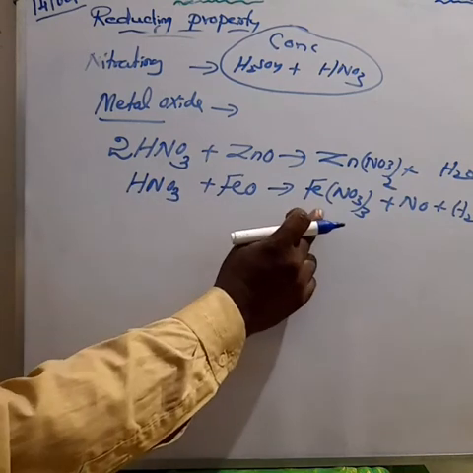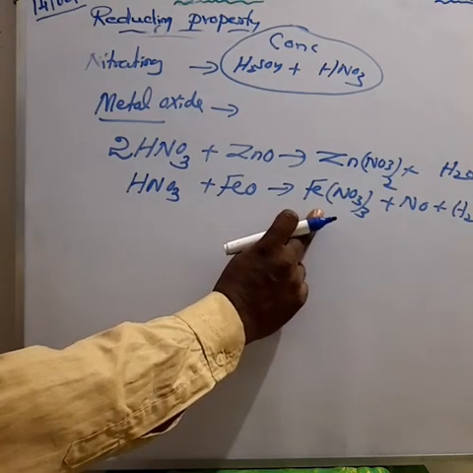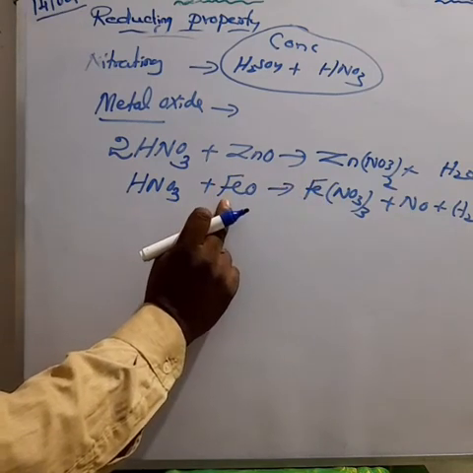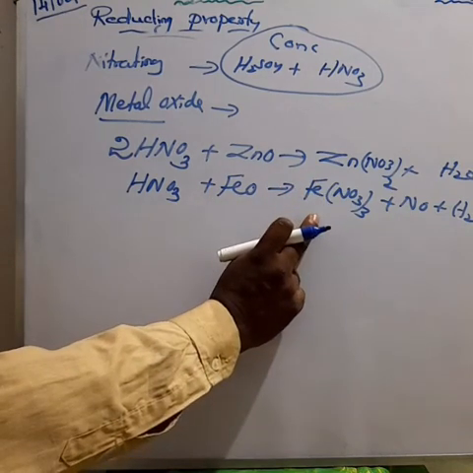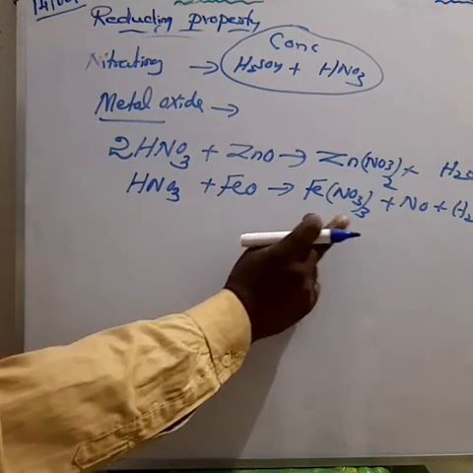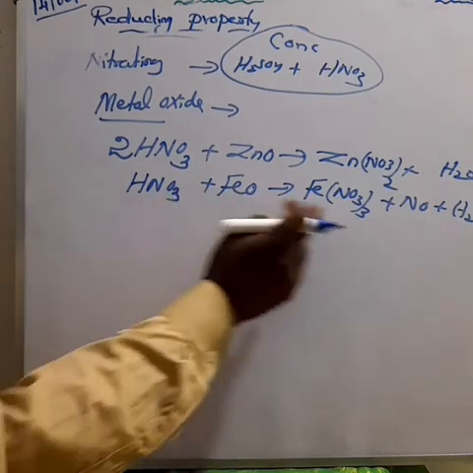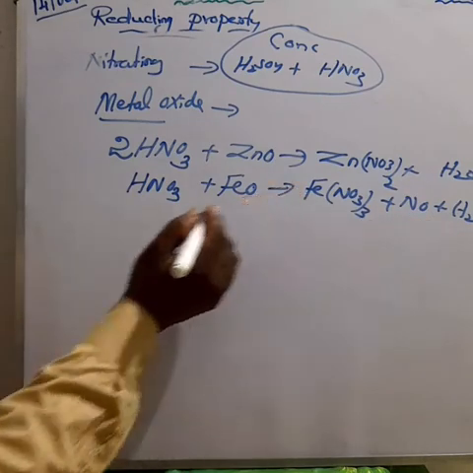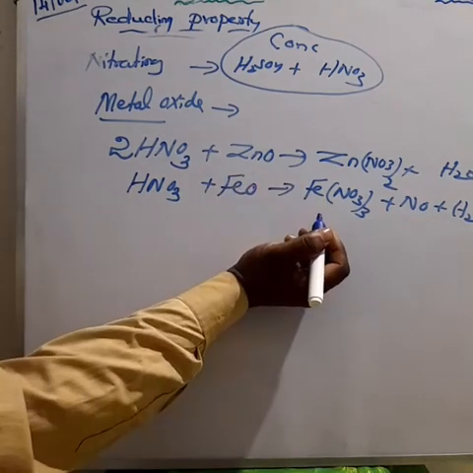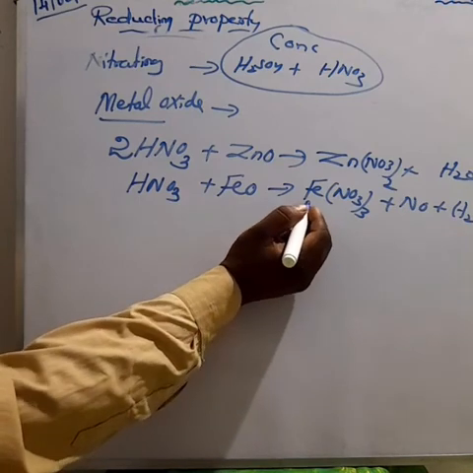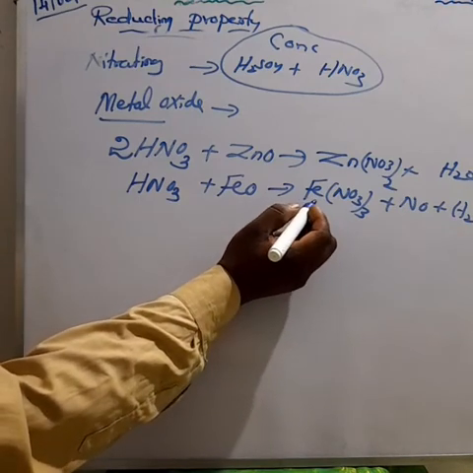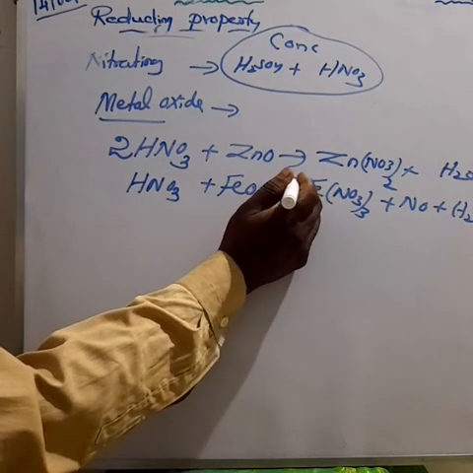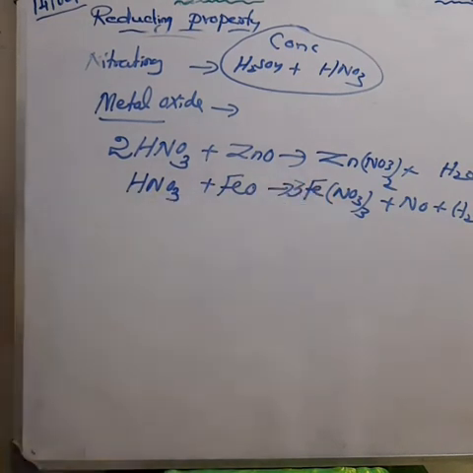The reactant side having 1 Fe, the product side having 1 Fe. The reactant side having 1 hydrogen, the product side having 2 hydrogen. So first I am making it on the product side. How to balance the nitrogen? So make it 3 here.